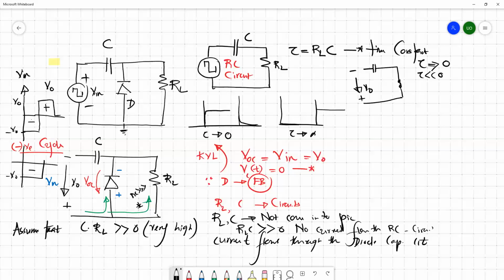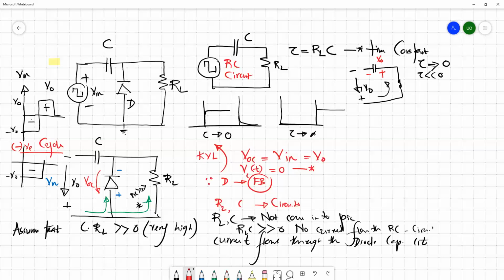Now we apply V naught here. You can see a current flow this way, and this capacitor gets charged like this up to V naught.